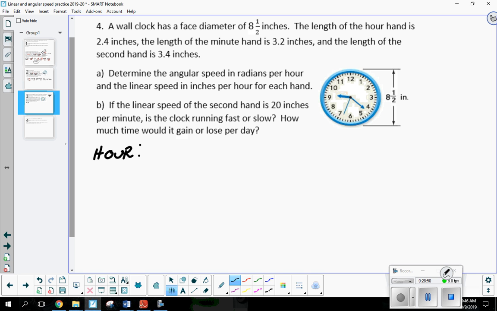Here's what I put, because we're talking about the hour hand. He's only going to make one full revolution in 12 hours.